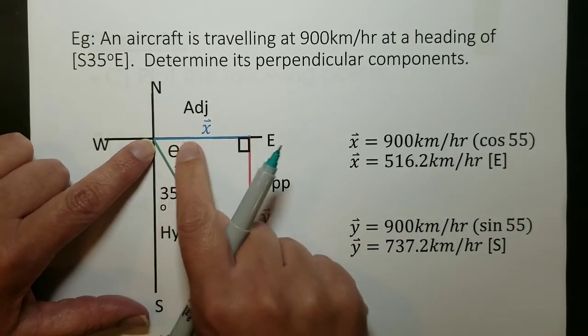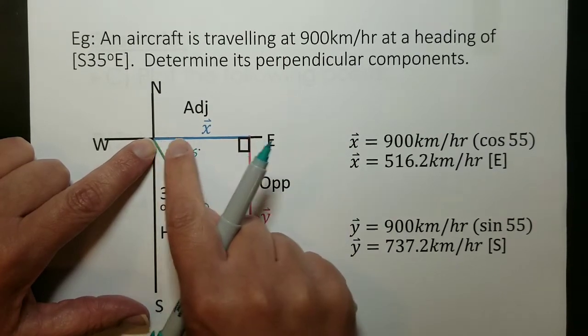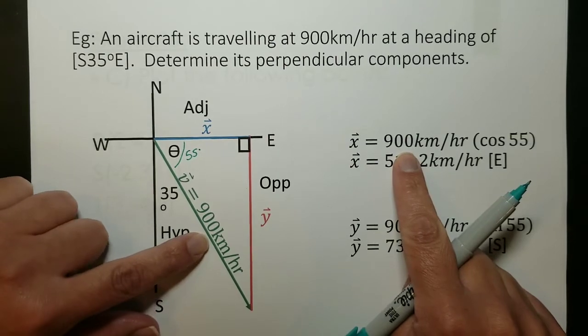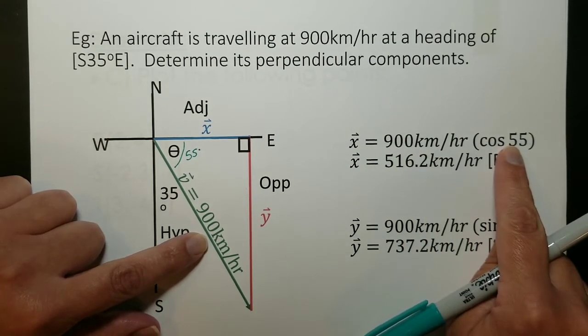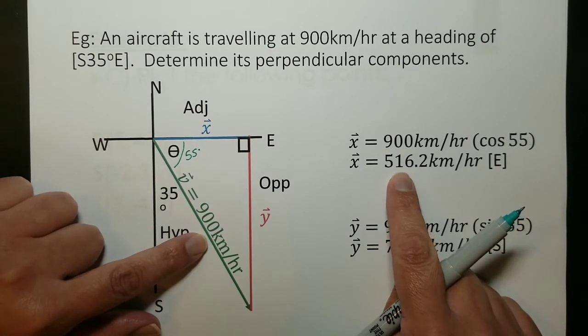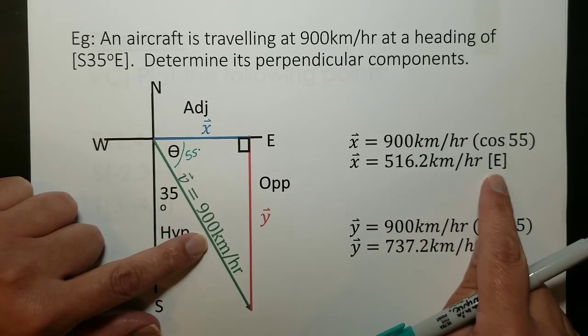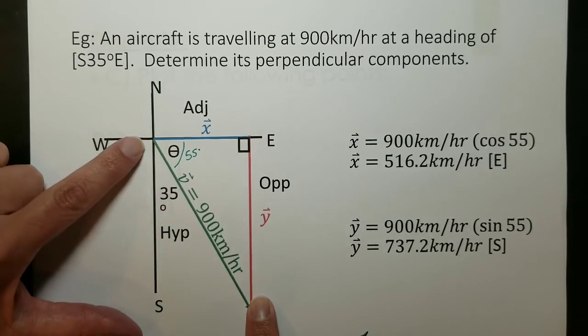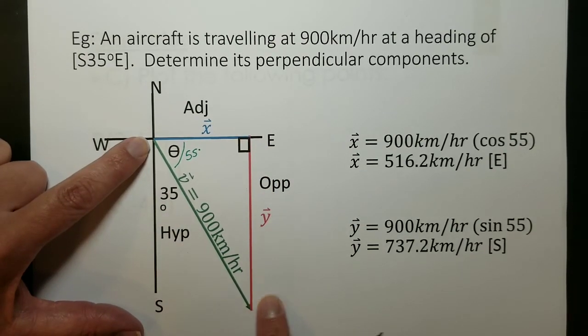And looking at the east, that's going to be the adjacent. So I'm using cos. So 900, which is your total velocity, times cos 55, gives us a velocity of 516.2 to the east. And the vertical going south, we've got our opposite side.